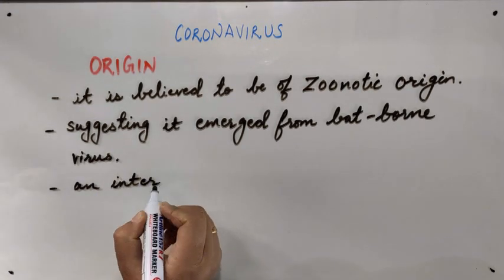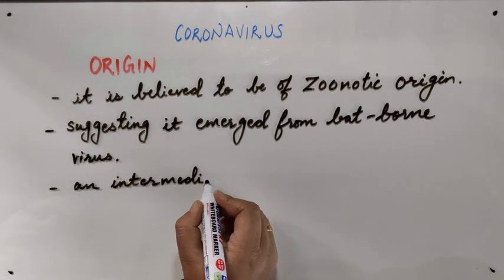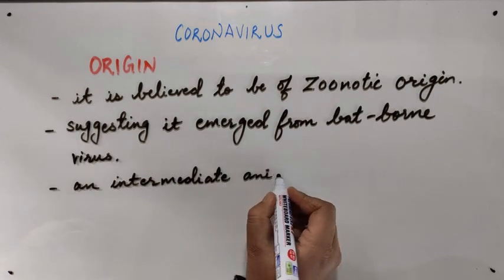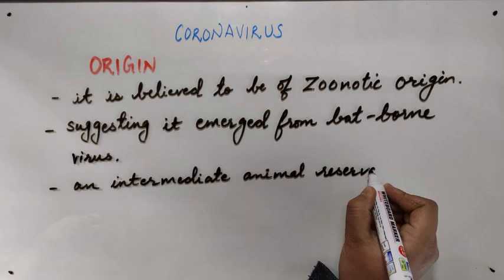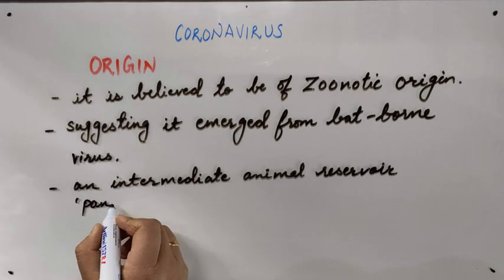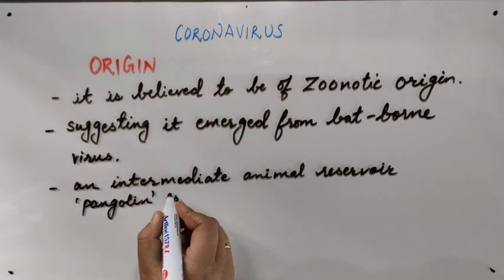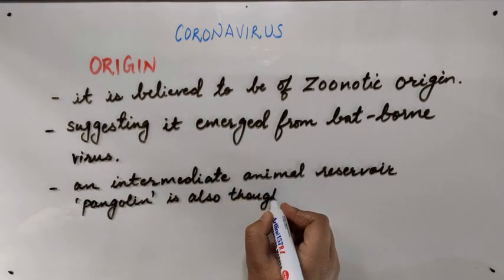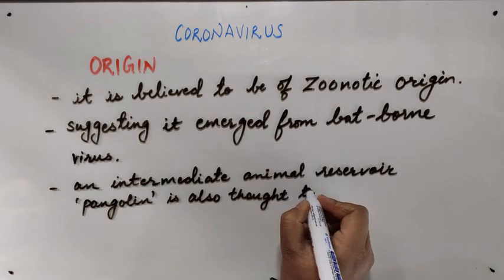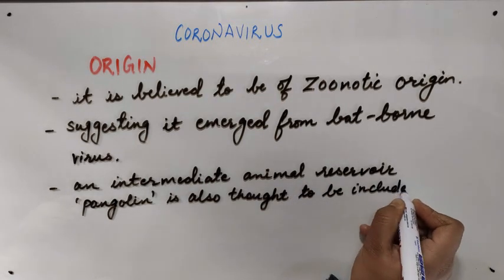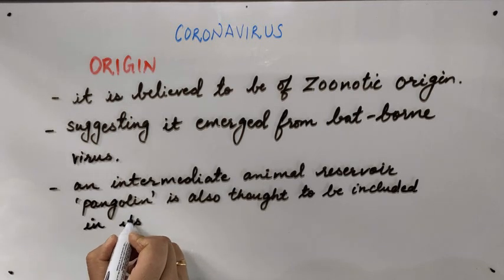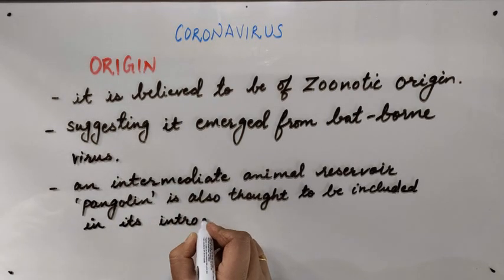Also, interestingly, an intermediate animal reservoir, that is pangolin, is also thought to be involved in its introduction to the humans.